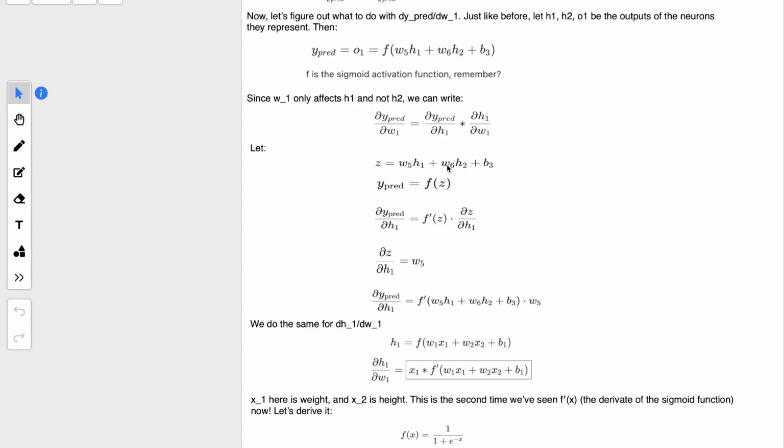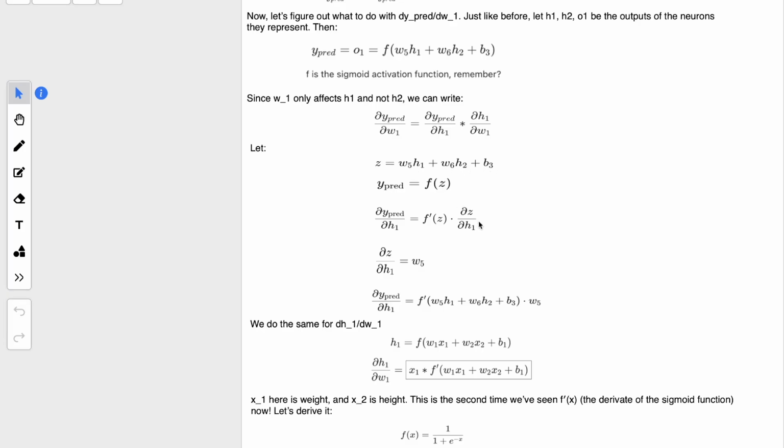Delta z by delta h1 is easy to calculate, right? So although these w6 and h2 are variables, when we calculate a partial derivative based on an input, we just consider that input as variable, and we assume all the other inputs are constant. So here we'll just assume w6, h2 and b3 are constant.